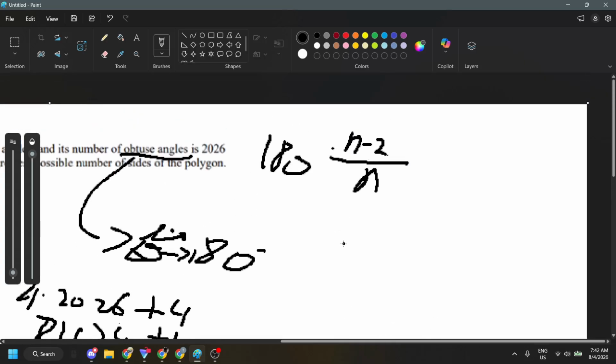This is what our average needs to be: 180 times 2025 over 2027.